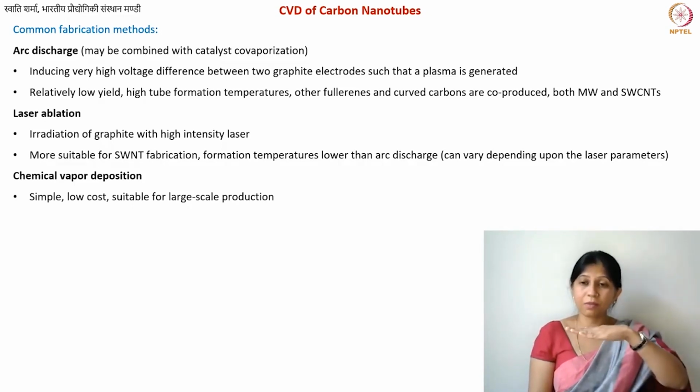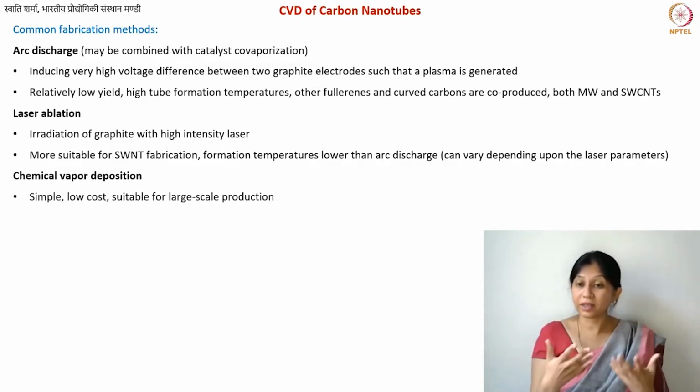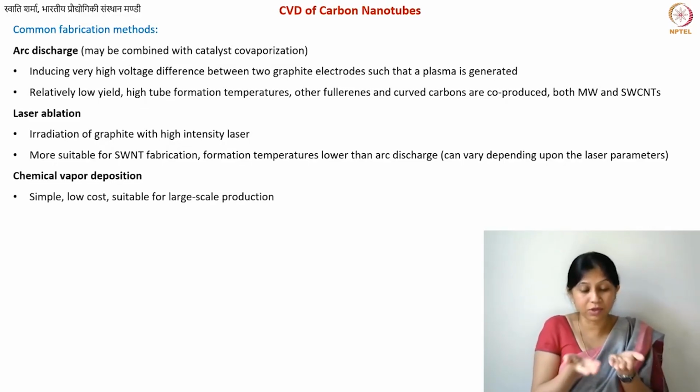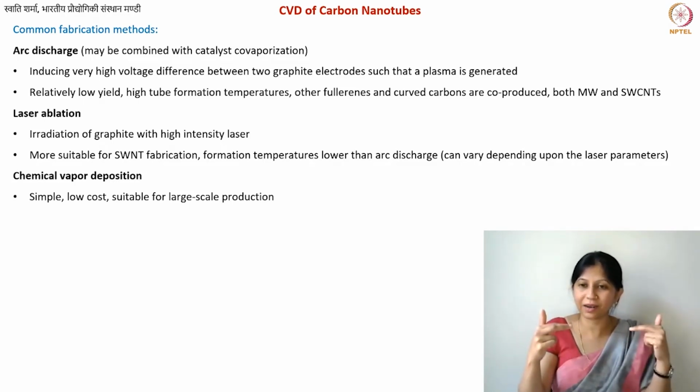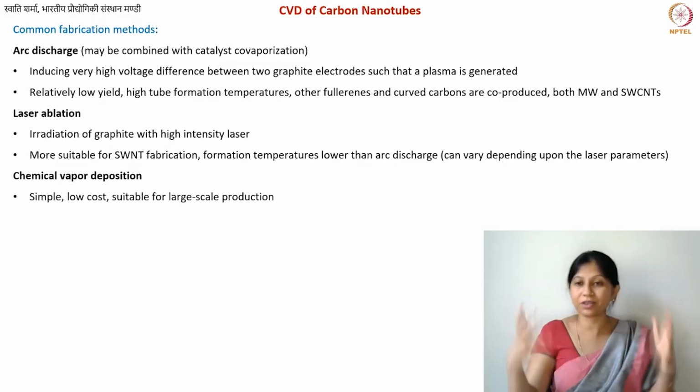You get one film, on top of that you get another film, and then another film. So it is indeed difficult to stop the process at one single film. This means that the second layer of carbon also serves as a catalyst for the third layer, the third layer serves as a catalyst for the fourth layer. So carbon can deposit on top of carbon.